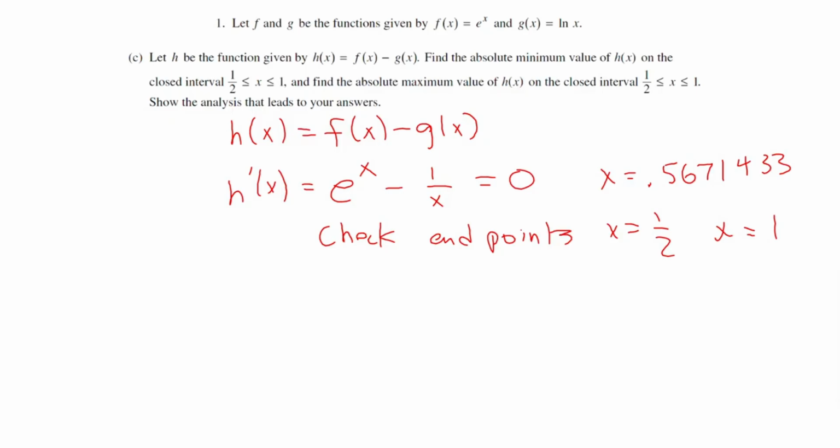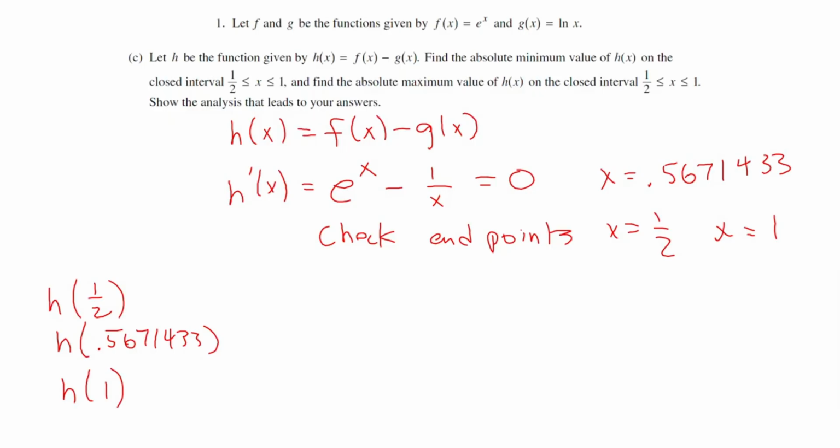And so just looking at the graph, we could probably tell that it's going to be at 1 because there's a lot more area there after that intersection point with the x-axis, but that's okay. We still just need to find h of 1/2, h of 0.5671433, and h of 1.